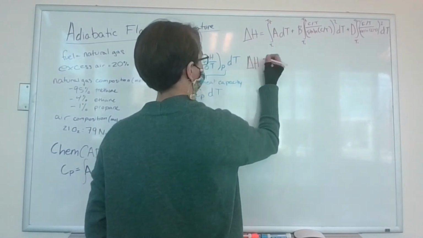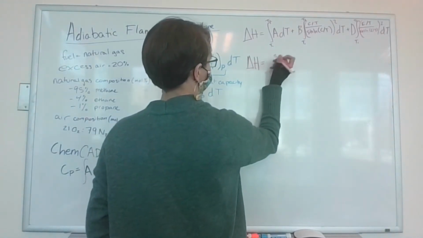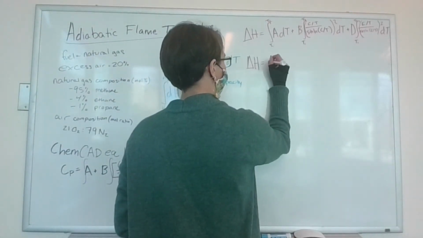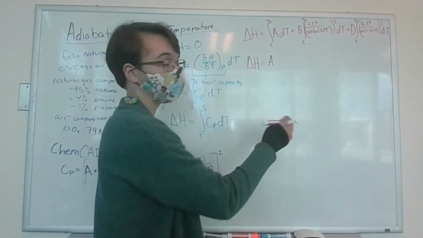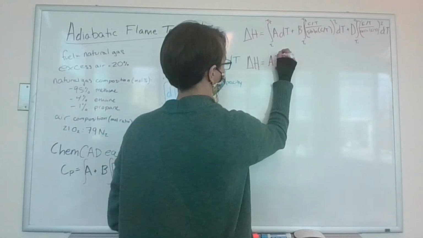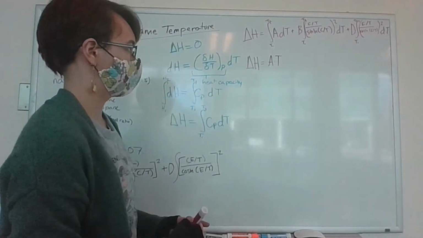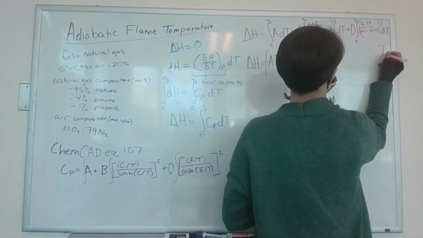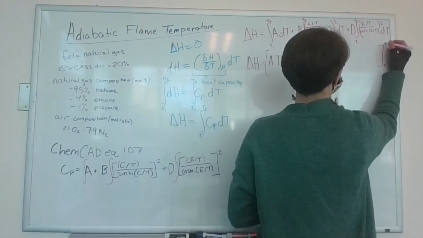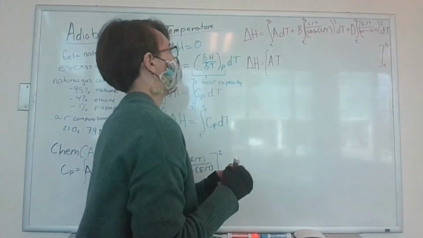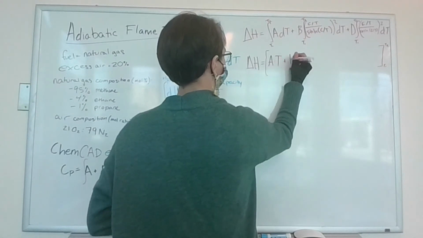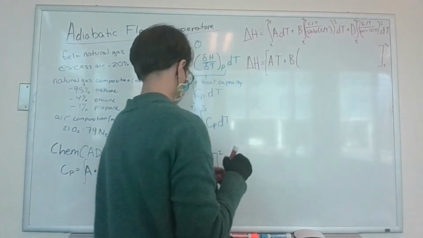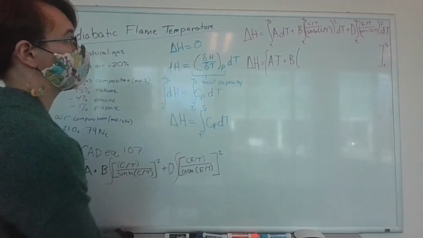So delta H is equal to, the integral of A with respect to temperature is going to be A times that temperature, and then this whole thing that we get is going to be evaluated from T1 to T2. Alright. And then we'll have B, that's a constant, times what we get for this. So let's type that into Wolfram Alpha to see what we get.